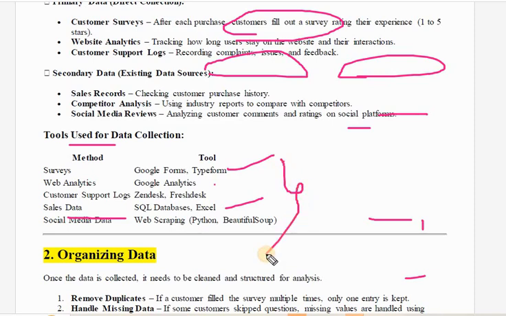If you want more, you can search on Google about these tools for more information. On the methods, a few of the methods are surveys, sales data, and social media data. This particular e-commerce company will collect the data. So now the collection of the data is over. Now moving on to organizing the data.